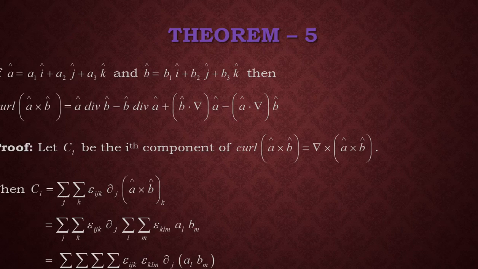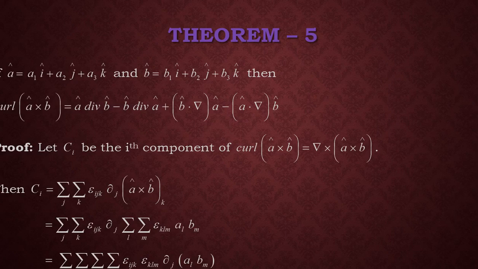First consider a cap equals a1 i cap plus a2 j cap plus a3 k cap and b cap equals b1 i cap plus b2 j cap plus b3 k cap. To prove the present vector identity, first we have to find out a cap cross b cap.